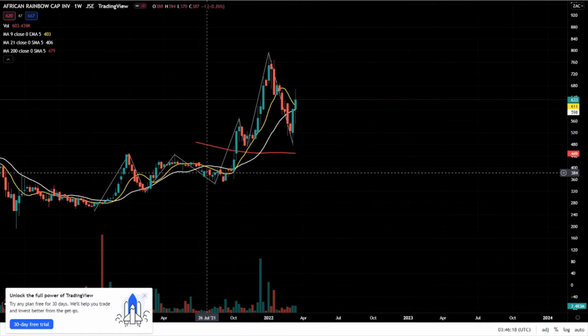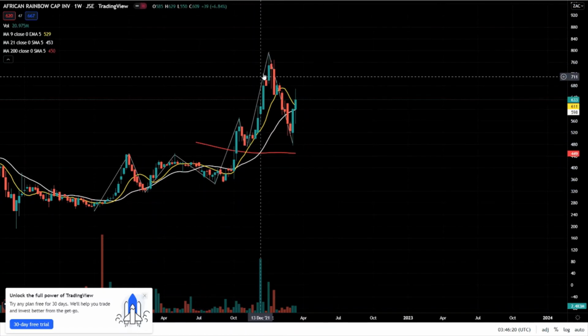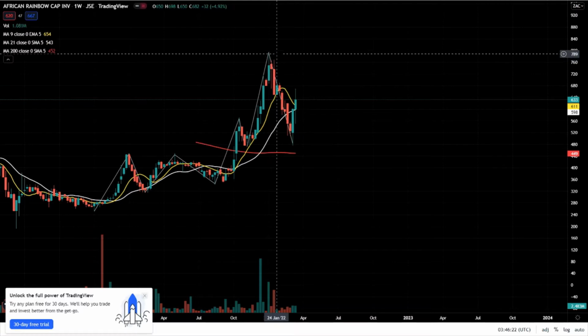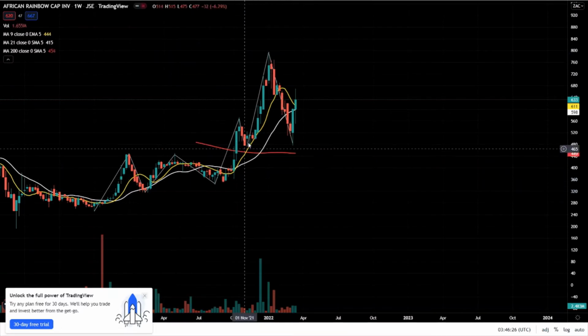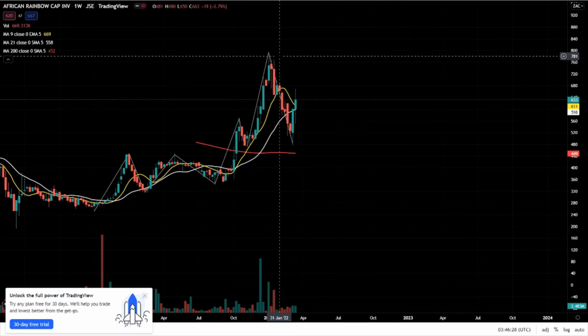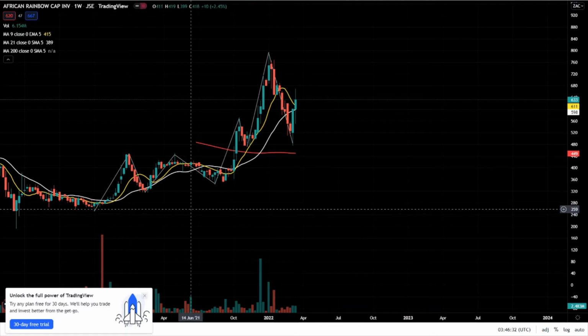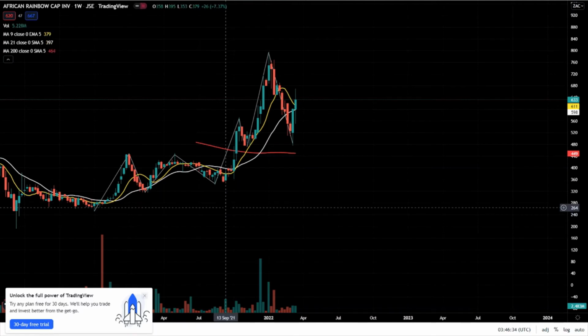But if you bought at lower prices, you would have seen that you have made quite a huge profit. From the price over here, all the way up to here, is at least 150% or so from down there, which is a really good profit.